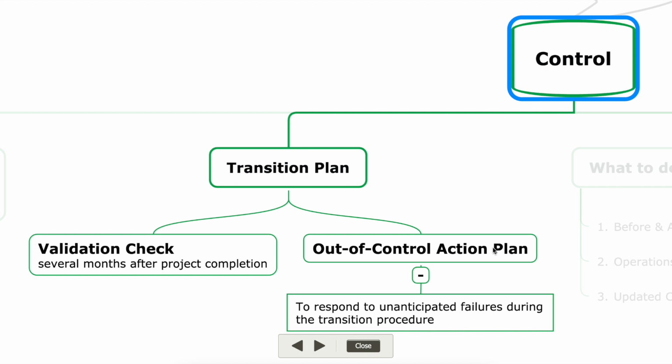In order to respond to those failures, we must have an action plan that can help the transition process go without error. So if some failure occurs, we must have a plan for how to tackle that. We must provide a plan to the owner on how to tackle that failure.